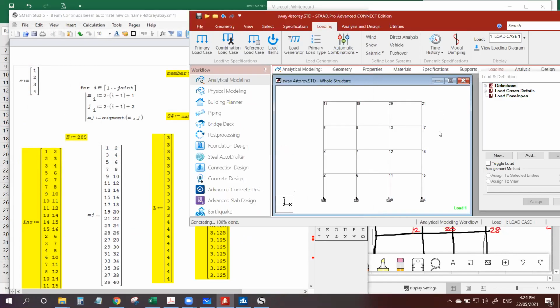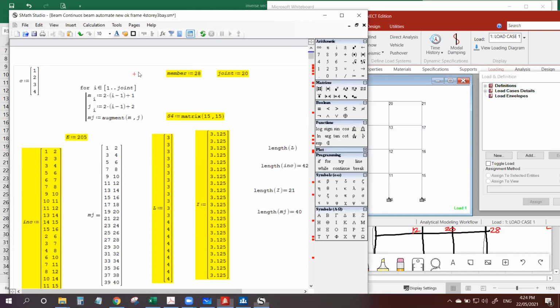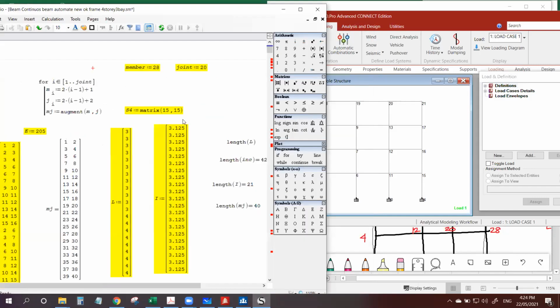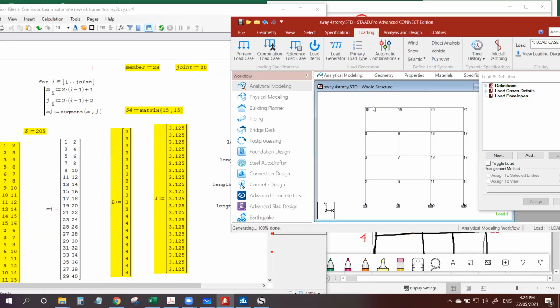So what's the size now of our matrix? From 15 by 15 in 3-story, what's now the size? 1, 2, 3, 4. So additional 4 for the rotation, no? That makes it 19. Then additional sway for the fourth floor, 20.